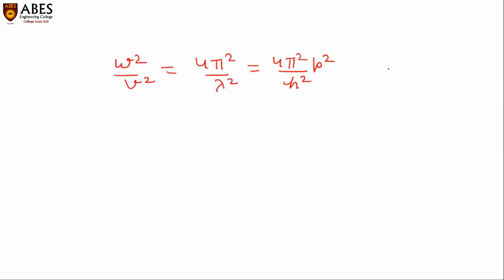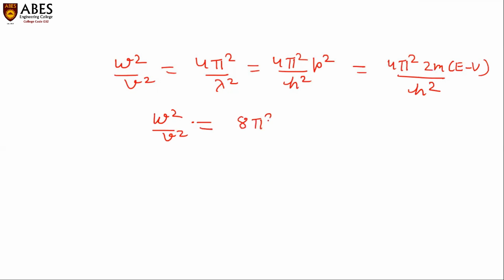So we can write it as 4 pi square times 2m(E minus V) over h square. So omega square over v square is equal to 8 pi square m(E minus V) over h square.